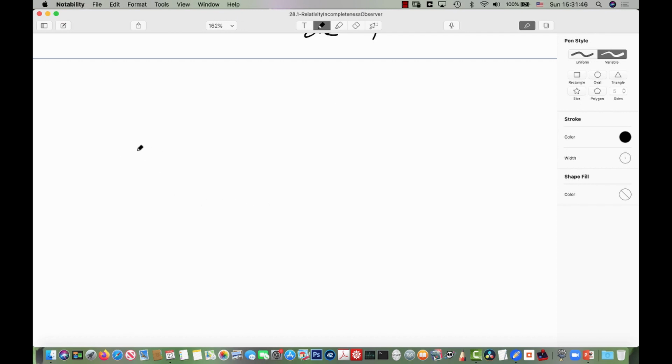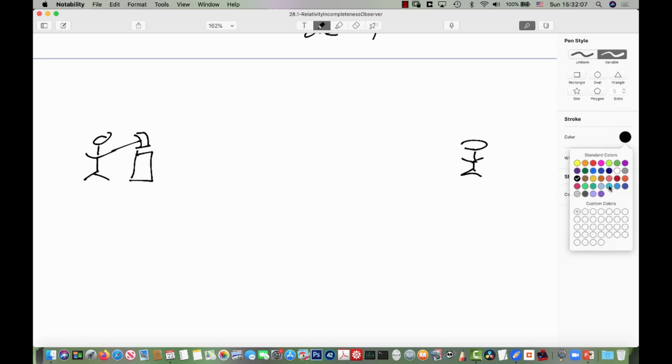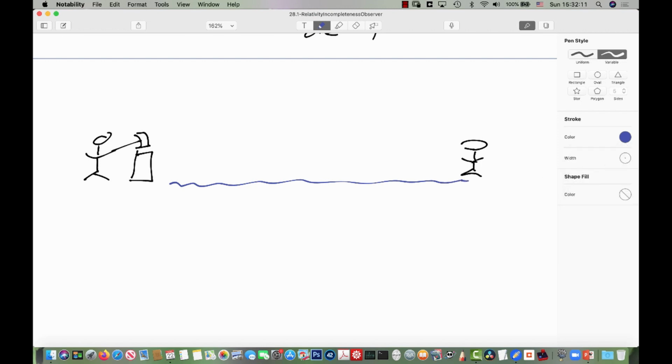So here we have our log. Here's our hero stick figure guy with stick figure axe, and they're splitting the wood. So you're over here on the other side of the Mississippi River.